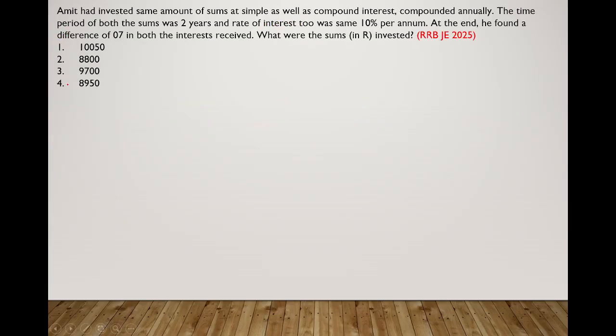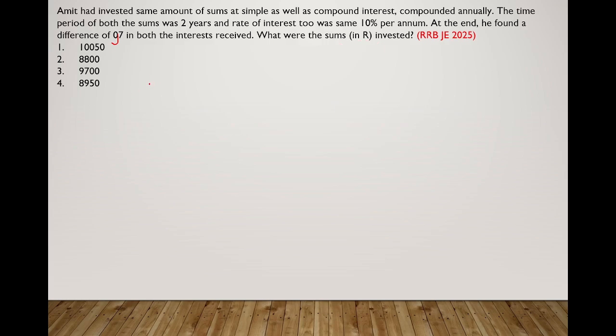Amit has invested the same amount of sums at simple as well as compound interest, compounded annually. The time period of both the sums was 2 years and the rate of interest is the same, 10% per annum. At the end, he found the difference of 97 in both the interests received. What was the sum invested?